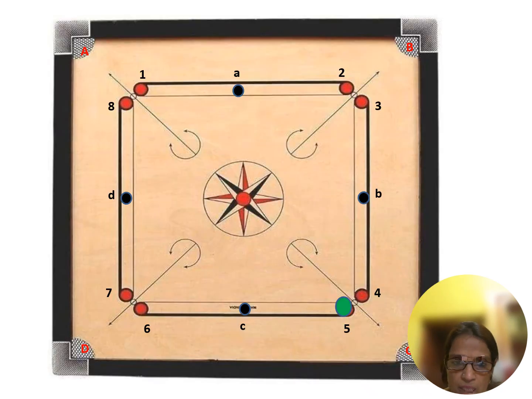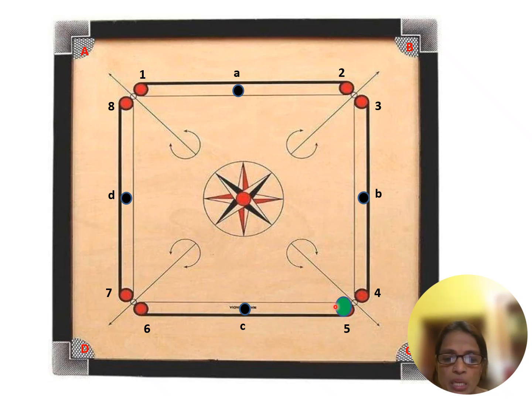Now let us see. See the 4 pouches, the capital A, B, C and D. Then the options A, B, C, D for multiple choice questions are represented in black here. The striker is represented in green here. It is at position 5.